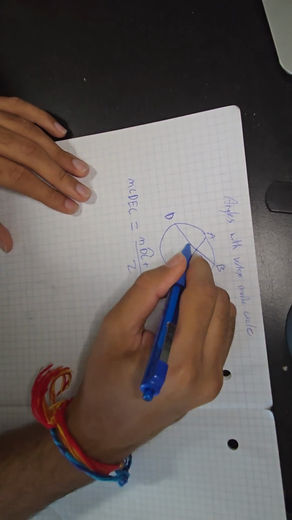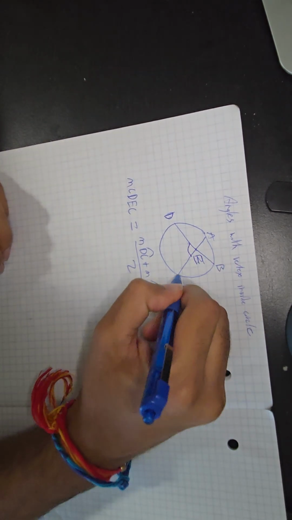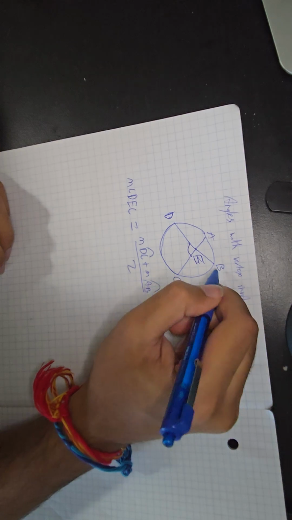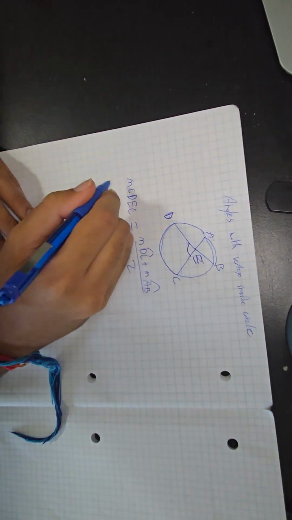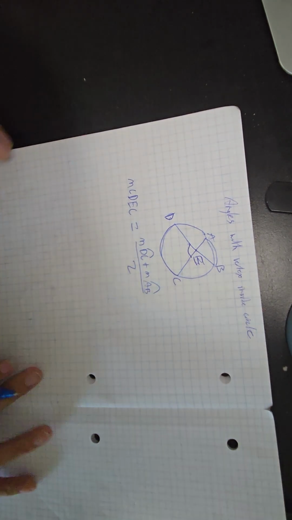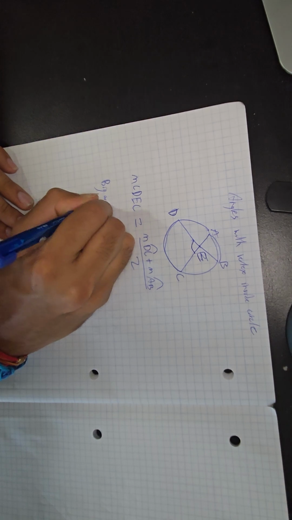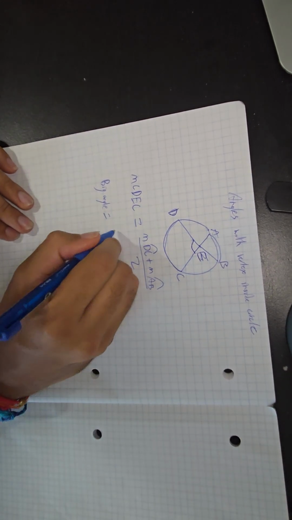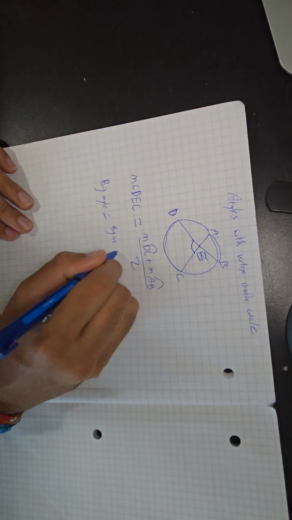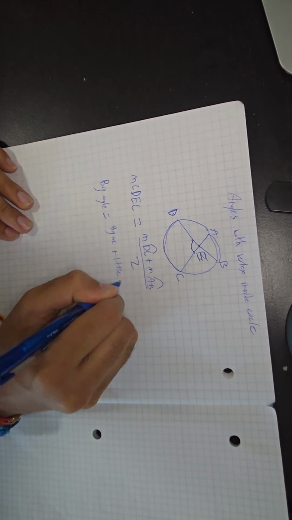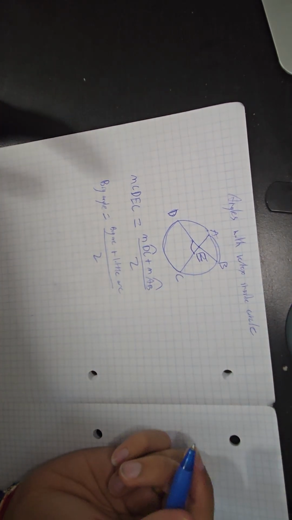So this angle right here is going to be the big arc plus the little arc, divided by 2. The way that I like to simplify this formula is by saying big angle is equal to big arc plus little arc divided by 2. That's just the way that I think of it.